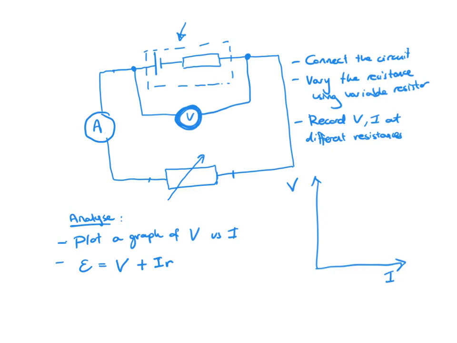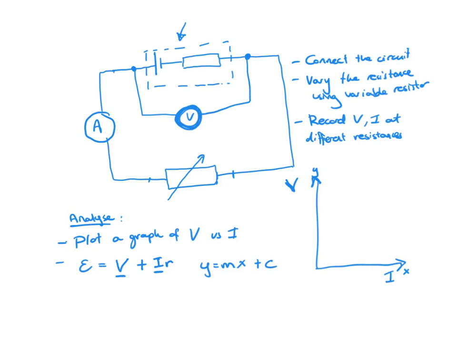Now if I'm plotting V against I, because this is the equation of a straight line, y is equal to mx plus c, I want to rearrange my equation to look similar to this. Now the y-axis value is the potential difference, the x-axis is the current.